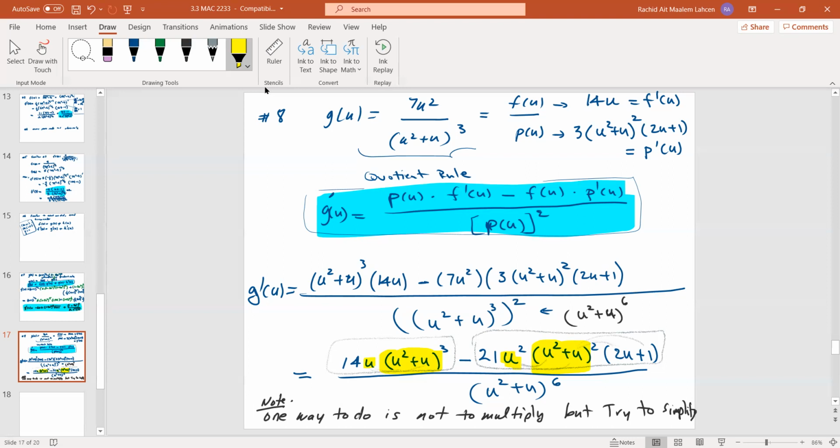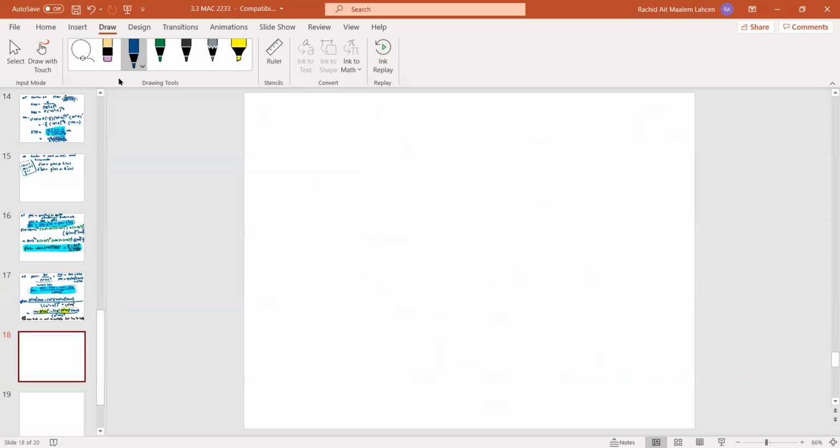All right, so this is an important skill to know. Anytime you use the quotient rule and you have some giant expression, trying to simplify will help better than just trying to multiply everything. So doing that, we factor 1u and factor a u squared plus u squared.